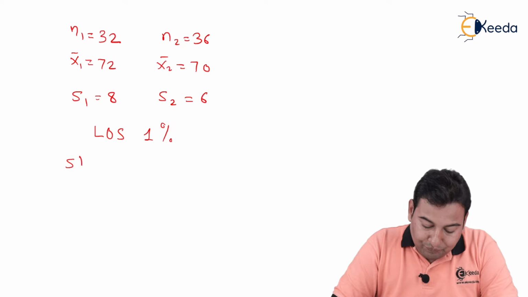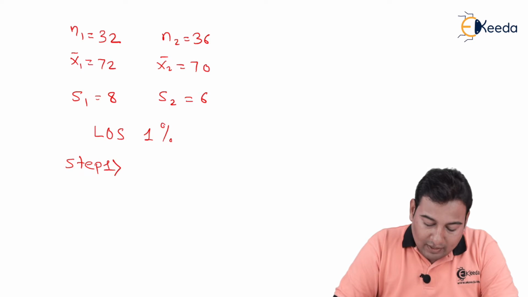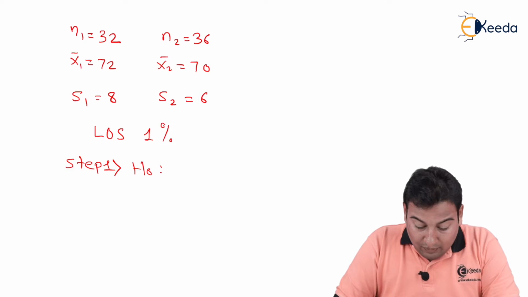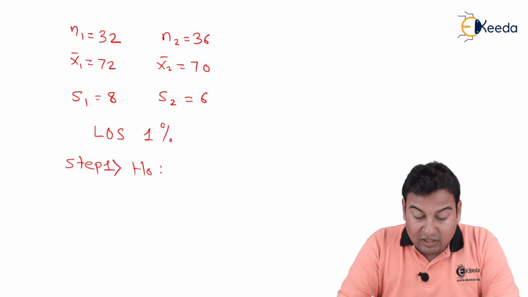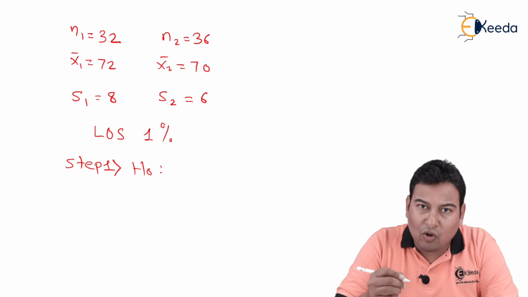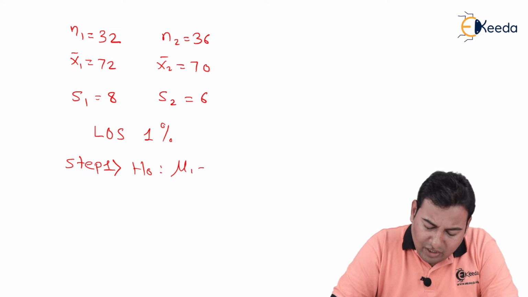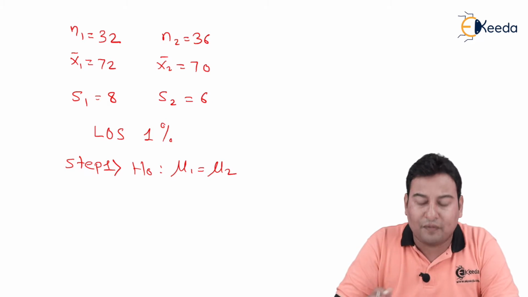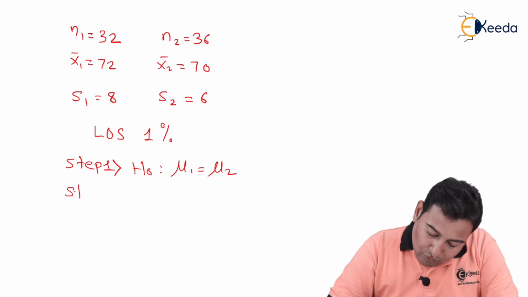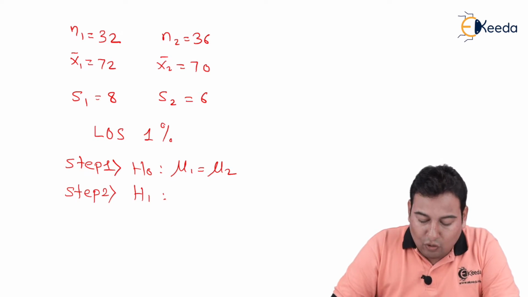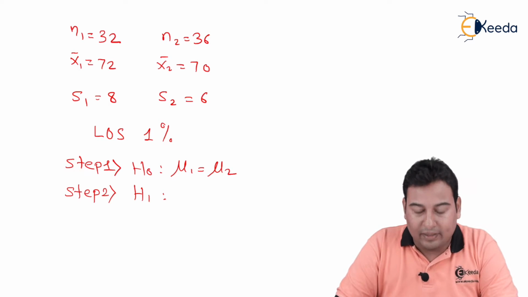Let us start. Step number 1 is the null hypothesis, that is H0. As we have discussed, in this particular type, irrespective of your problem, your null hypothesis will always remain mu1 equal to mu2. It is fixed. In the alternate hypothesis, we have three options: not equal to, less and greater.